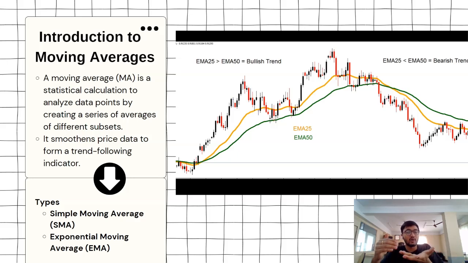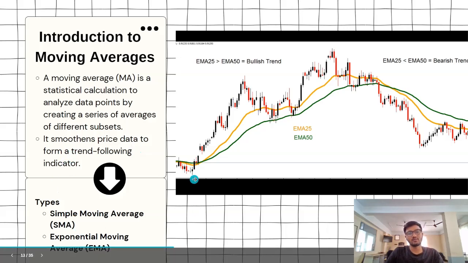So if it sustains below that, you can just exit that particular stock. And if it supports that 100 EMA or 200 EMA, you can just buy that stock, because after that there's a huge gap that can be filled by the asset, and there can be a huge up move. So what I'm trying to say is, it smooths price data to form a trend following indicator.